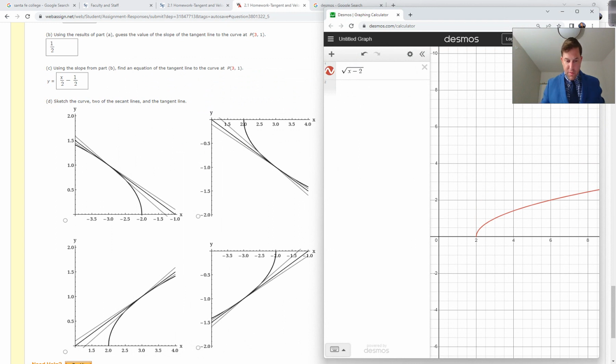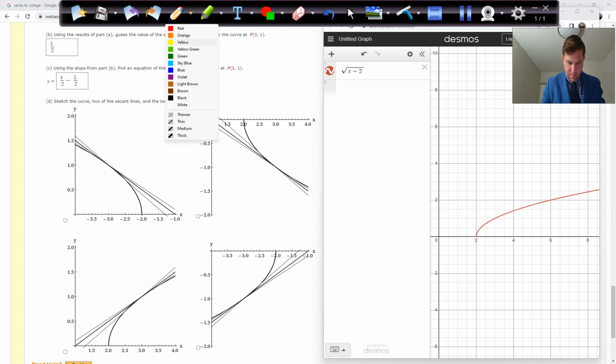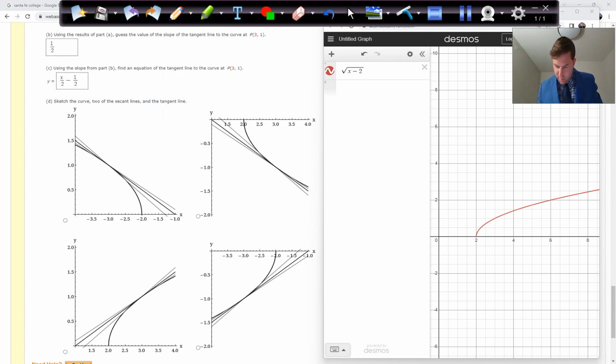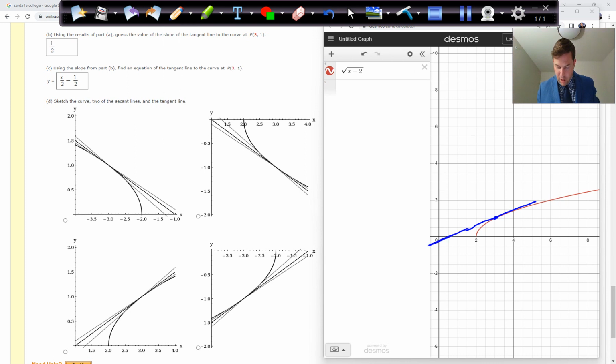Okay, so the slope of the tangent line at that point, let me do it in blue, right at 3, here's (3, 1), right there. That's the tangent line. So this line has a slope, a rise over run, of 1/2. And if we were to extend it, it would cross at negative 1/2.